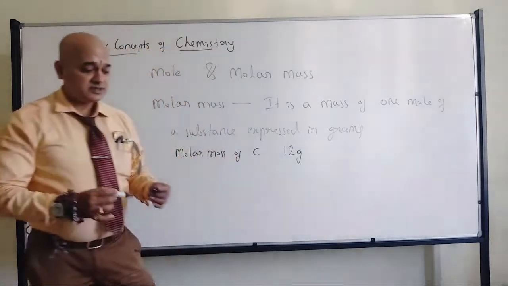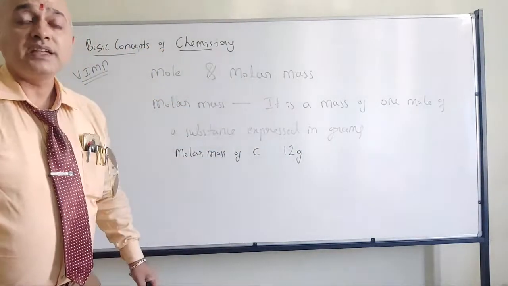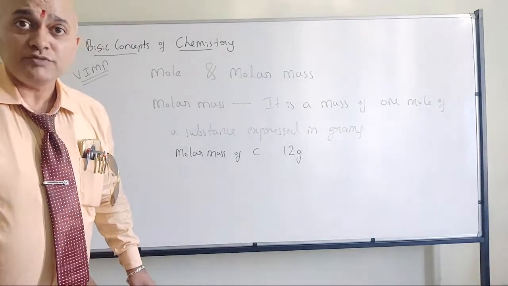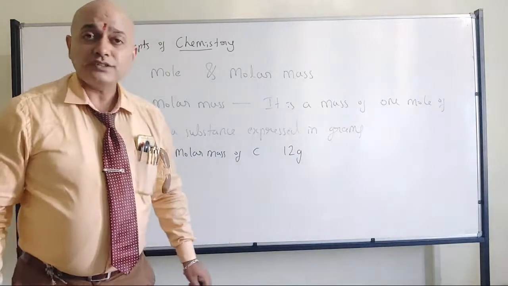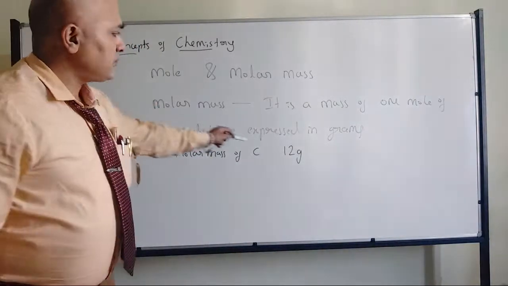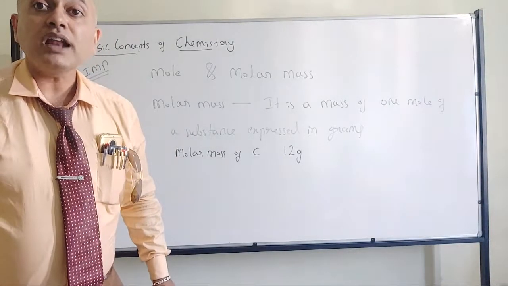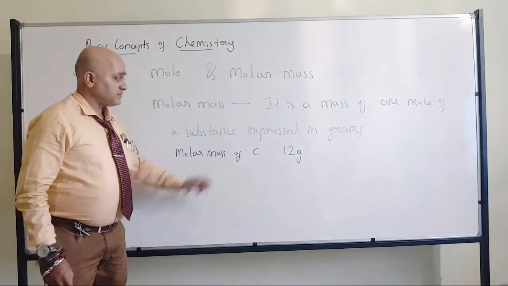Just now we discussed it, right? For 1 mole, we took 12 grams of carbon. That is nothing but the atomic mass, since we have taken carbon as one atom. But we can express it in terms of molar mass. It is nothing but 12 grams.